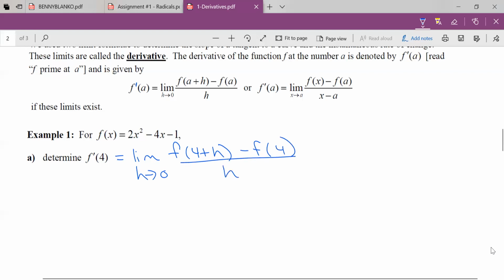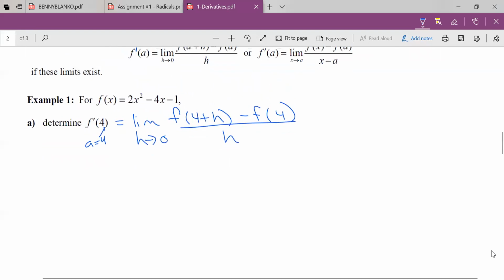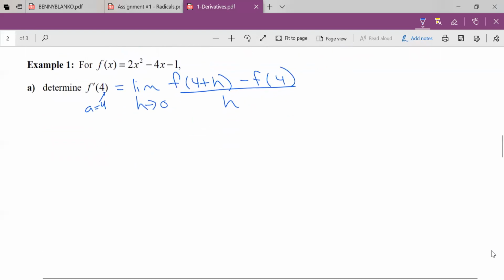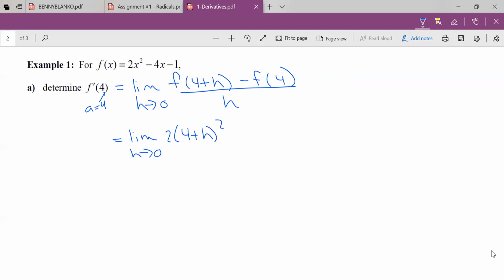So a is 4, that's a right there. But sometimes, even though I prefer first principles, friends, as I start doing the work, I'm going to go, oh, this is awful. Maybe I should have used the other method, Newton's method. Okay, but we'll see as we go along.